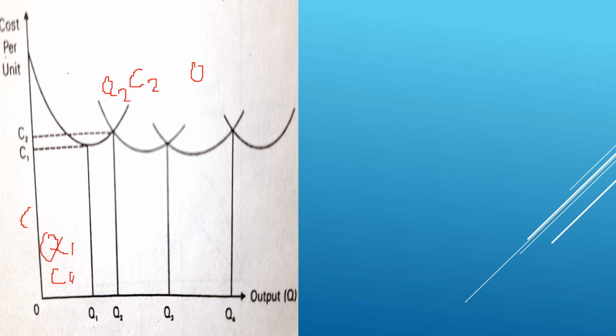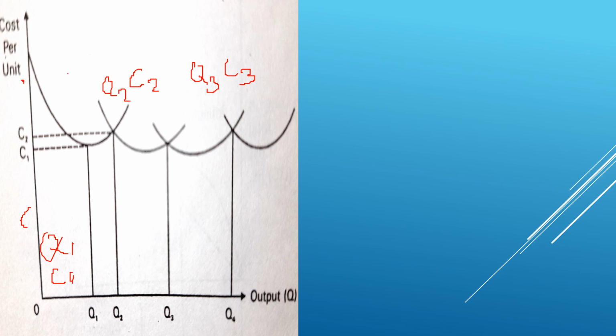When the market demand is Q3, then definitely whatever machine you have to install, that cost will be C3. It means during subsequent changes of market demand, you always try to manage your cost through different types of machinery or different types of input.